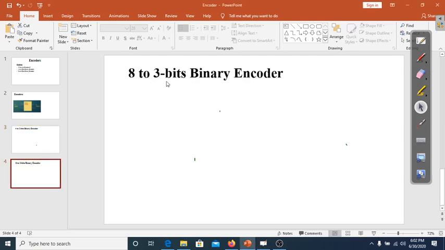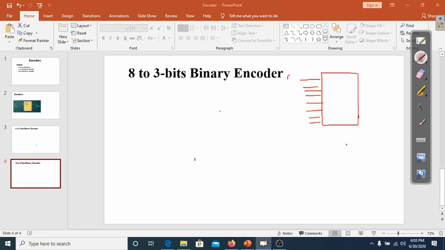8 to 3 bit binary encoder, let us talk about its block diagram. This is the 8 to 3 binary encoder. It must have 8 inputs, 1 2 3 4 5 6 7 and this is 8.